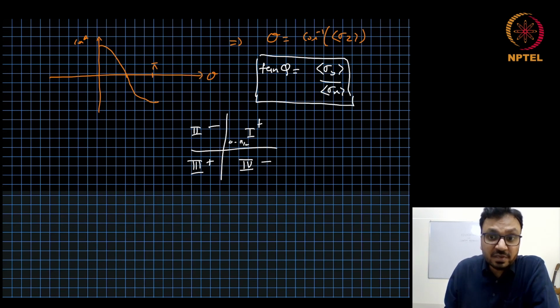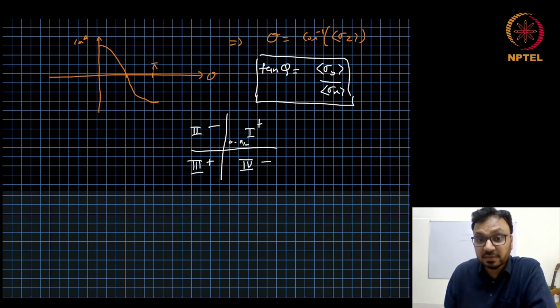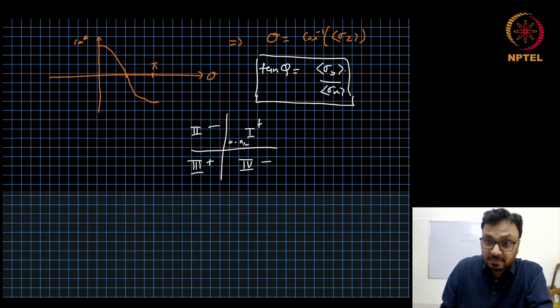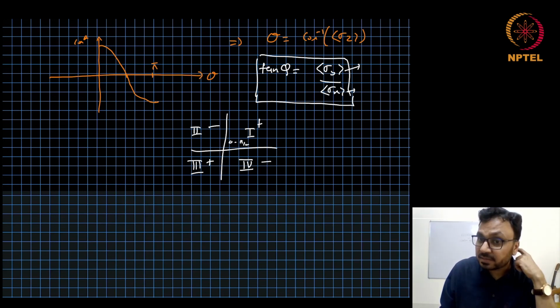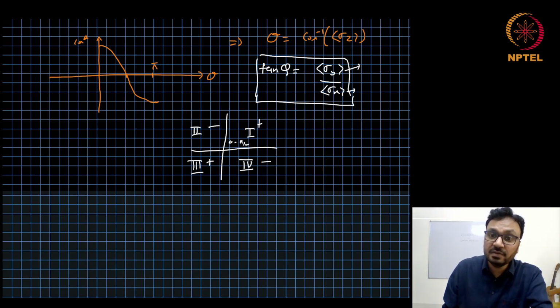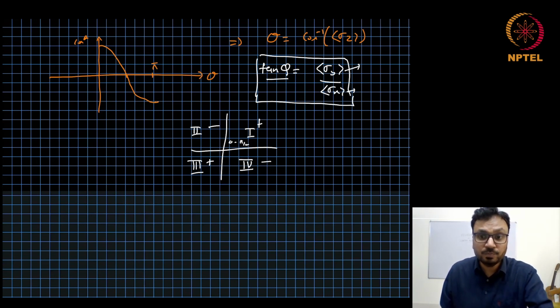So if we have only the value of tan phi, then we do not know whether it belongs to even quadrants or odd quadrants. But we can see that sine phi and cos phi have different signs in all four quadrants. So by looking at the sign of sigma y and sigma x, and the ratio of these two, we can determine where tan phi belongs, and accordingly we can assign the value of phi.